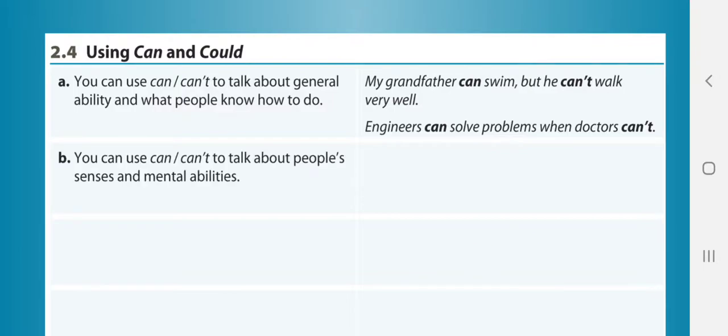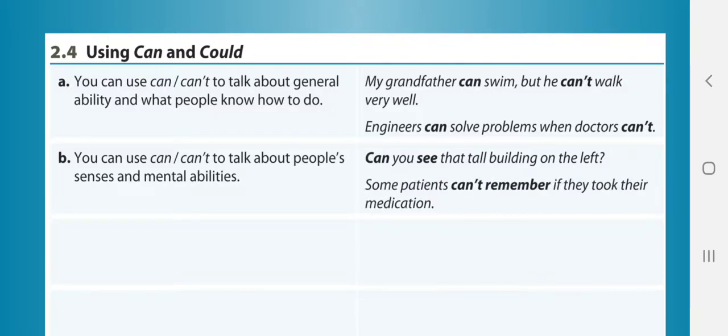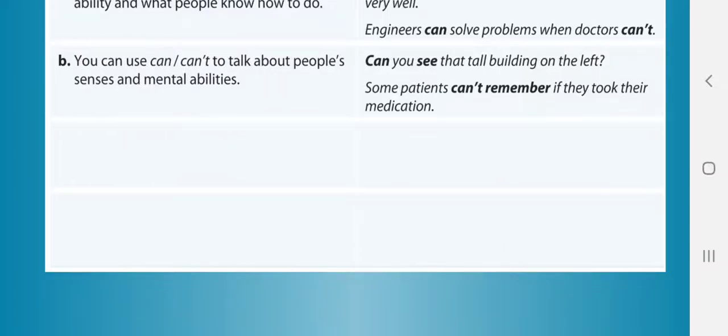Okay, now you can use can or can't to talk about people's senses and mental abilities. For example, can you see that tall building on the left? This is a sense, the sense of sight. Some patients can't remember if they took their medication. This is a mental ability. Let's continue.